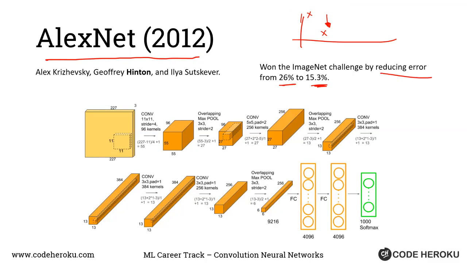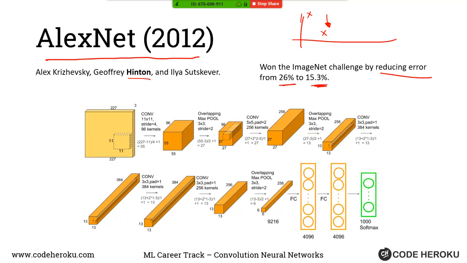Before 2012, CNNs were not that widely used for image recognition, but this paper and this network changed everything. I'm also highlighting this person over here, the same person who also recently won the Turing Award from Google for their work in deep learning. So, significant improvement over the previous networks.